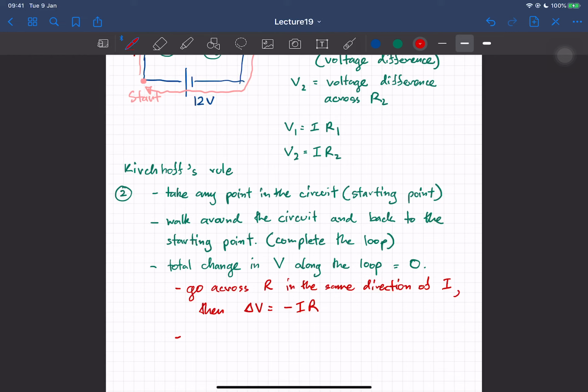That's one thing. The other thing is for the battery: if you go across the battery from minus to plus, then delta V is just the voltage across the battery.